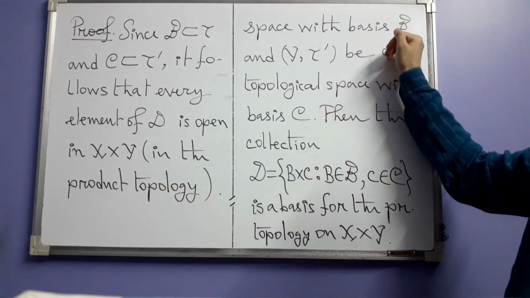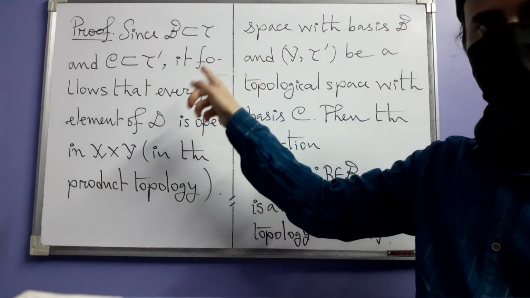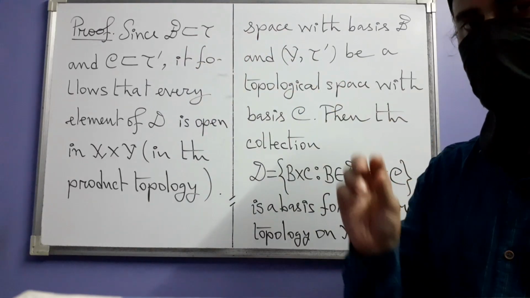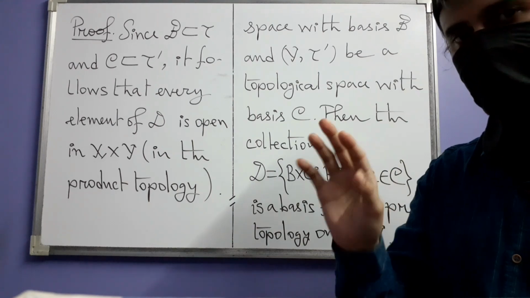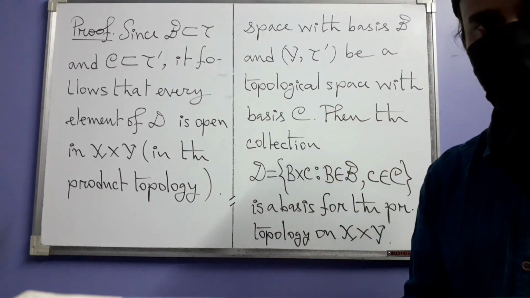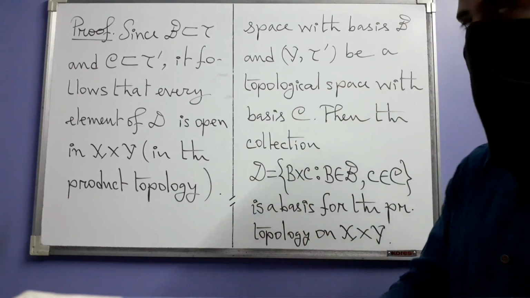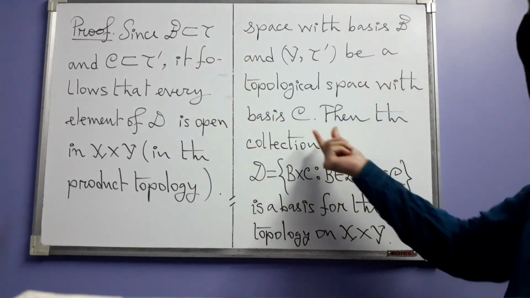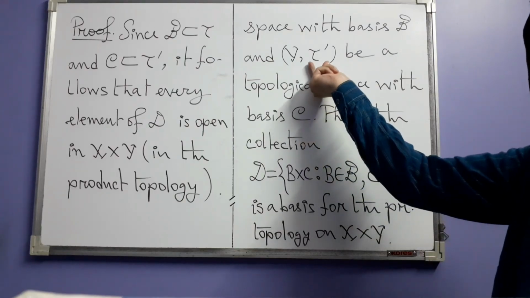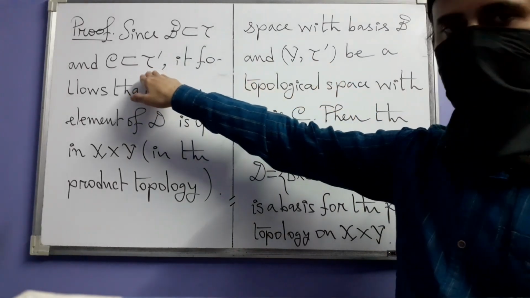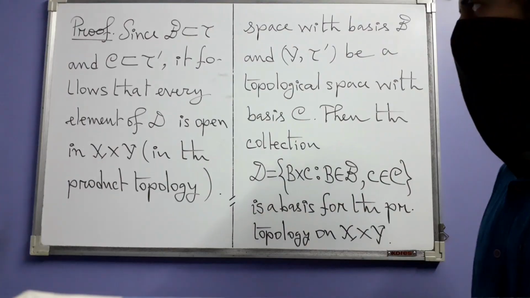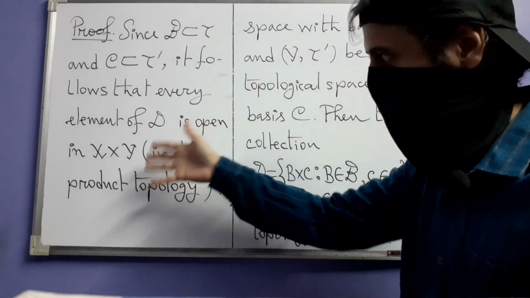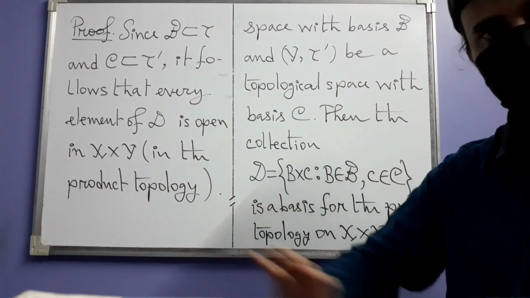Because B is a basis for the topology tau on X, B is a subcollection of tau. The sets in B are themselves open sets, not all open sets but some open sets in X, which means they are elements in tau. Similarly, C is a basis for the topology tau prime, so C is contained in tau prime. Because of these things, every element in D is open in X times Y in the product topology.